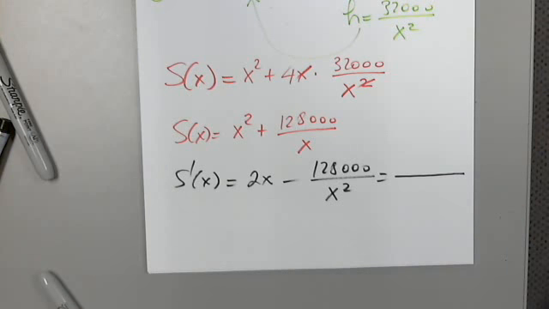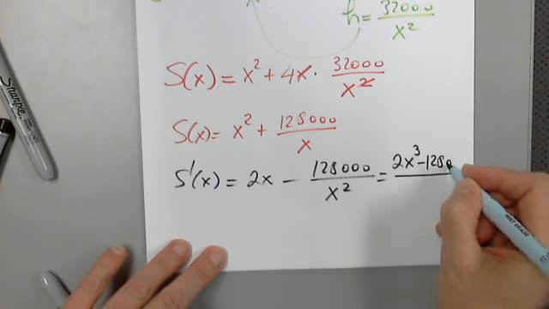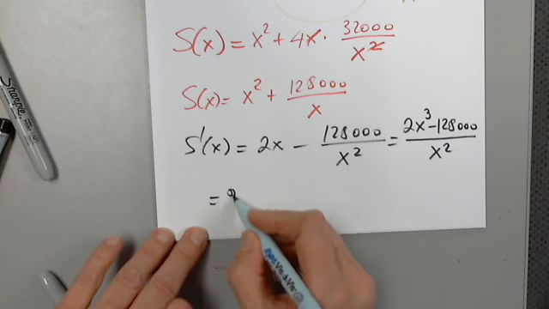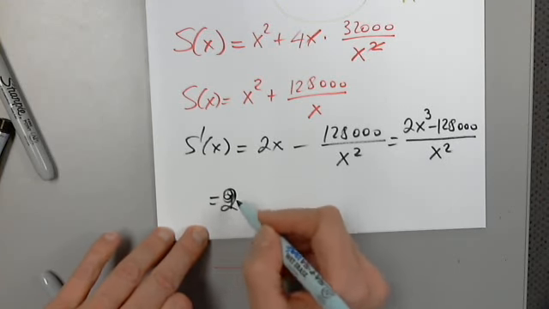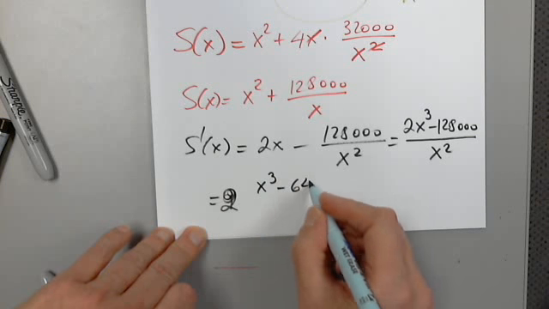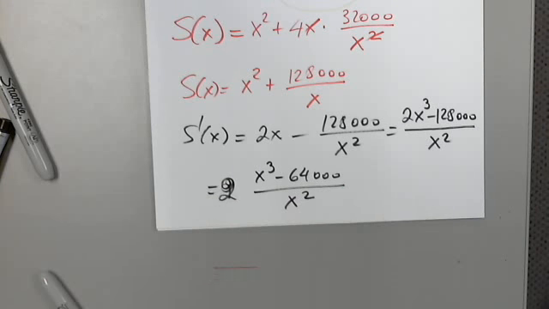I need this prep for what follows, so why not do it now? That will be 2x cubed minus 128,000 over x squared, and I will move that 2 outside and have x cubed minus 64,000 over x squared.